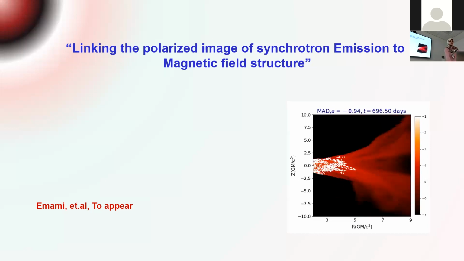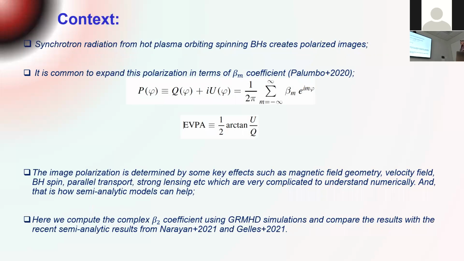But why is this useful? Let me open up the context again. As you know, and as you have already seen so far, synchrotron radiation from hot plasma, like electrons orbiting a spinning supermassive black hole, creates some polarization, some polarized image. It is very common to expand this polarization in terms of the beta_m coefficients, thanks to Palumbo's work in 2020 and afterward.